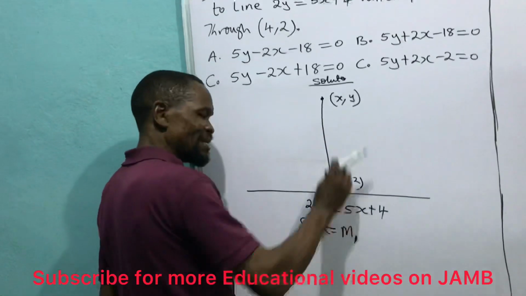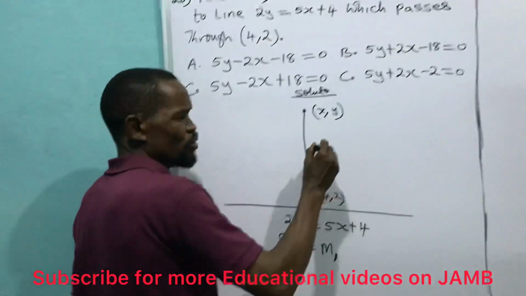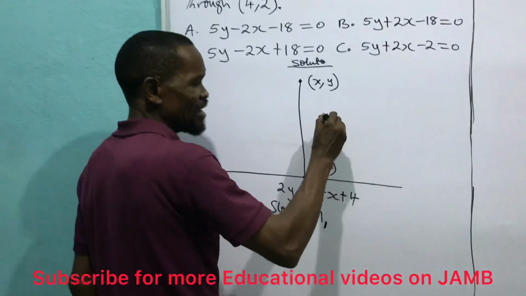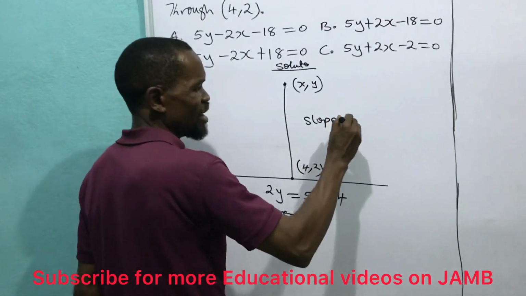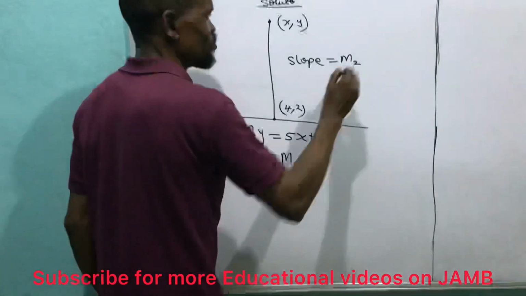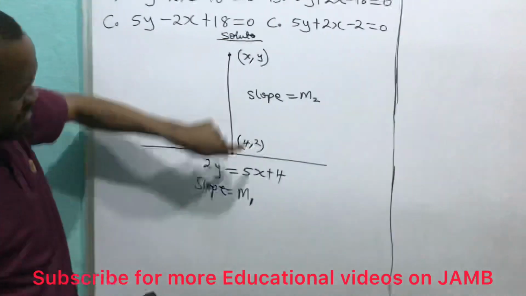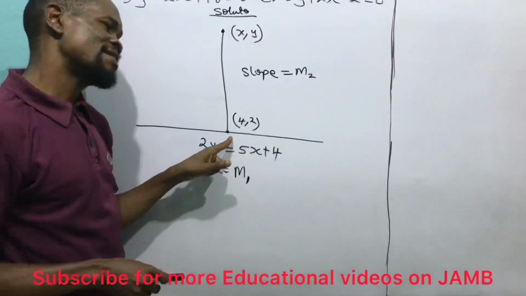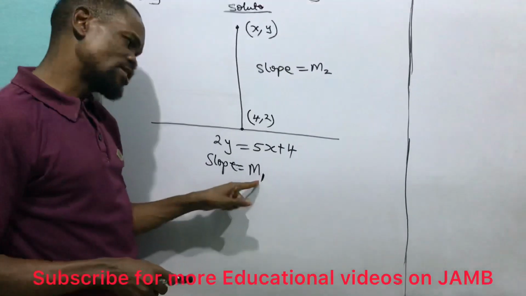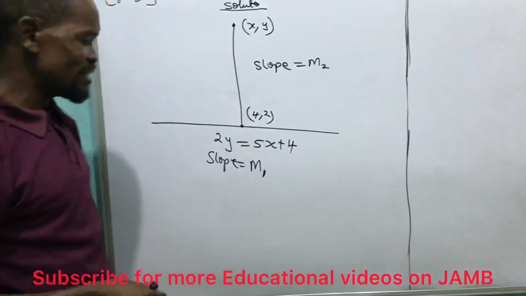Then the slope of this other line, I call it M2. You will now see that this line is perpendicular to this line, and this one has this slope, while this one has this slope.